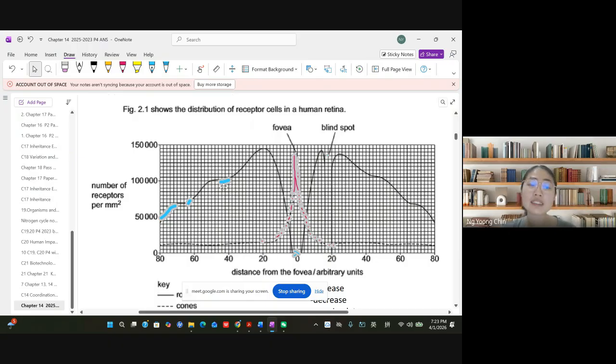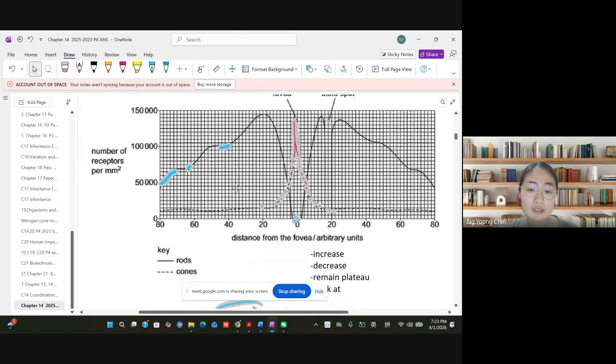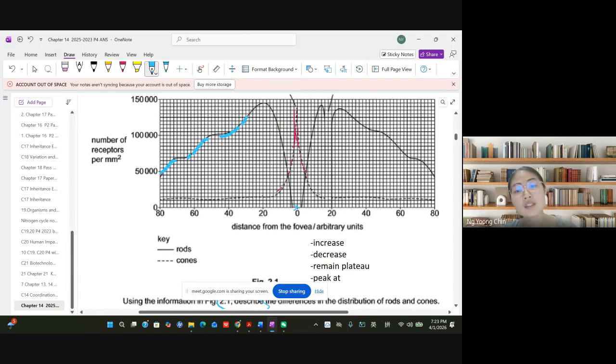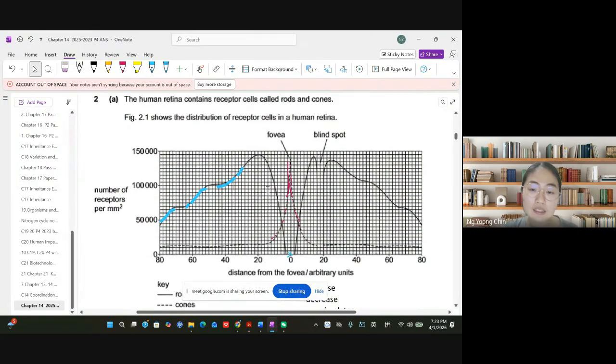Because definitely you can see the rods, which is this line, they show a greater number than the cones, okay. And then another thing you can describe is that the cones discover with very high concentration at the fovea. Yeah, just need to describe the distribution, okay.